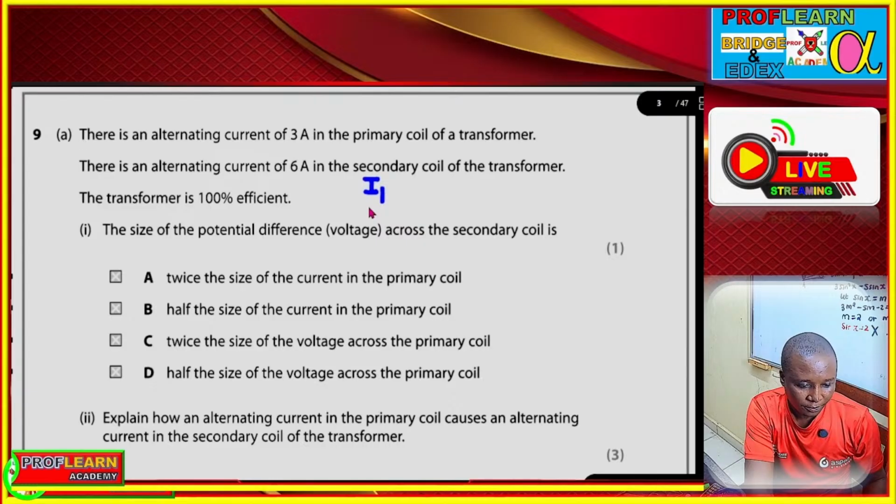Which will mean that the power in the primary coil is equal to the power in the secondary coil, to the power out.